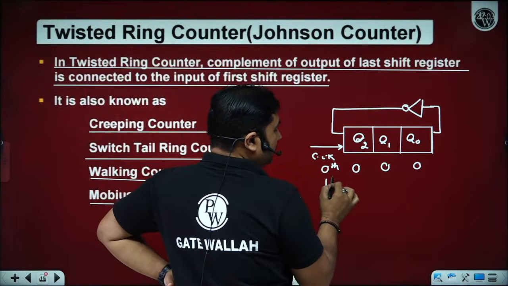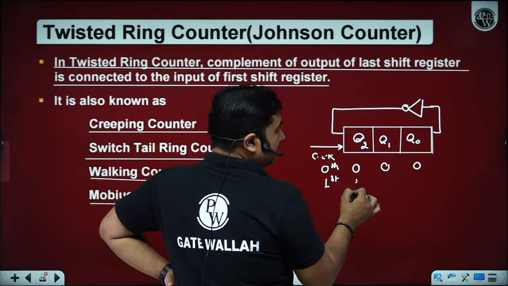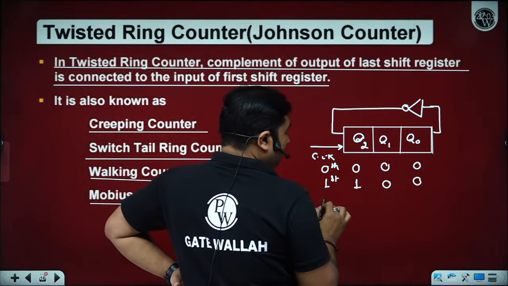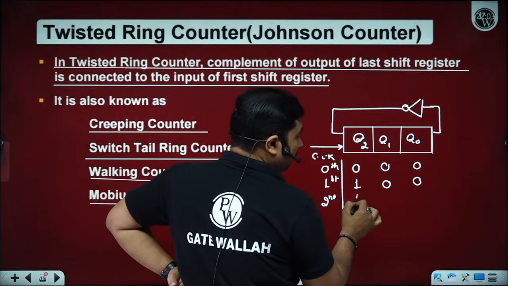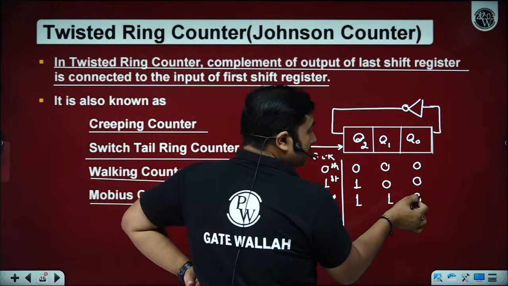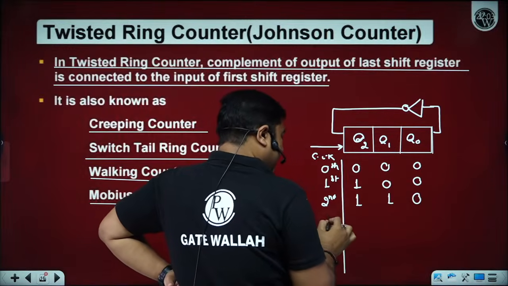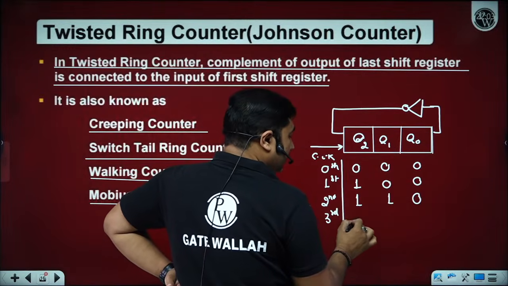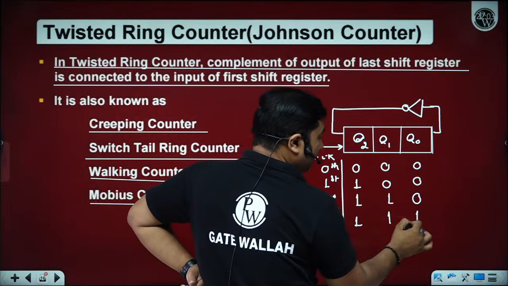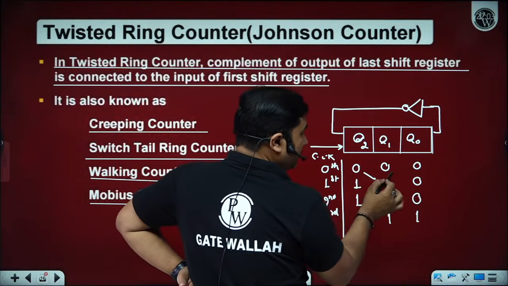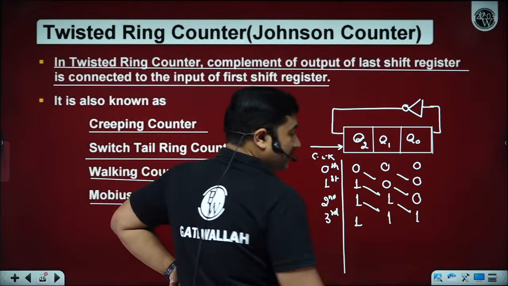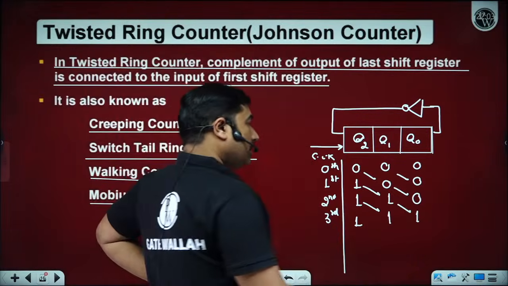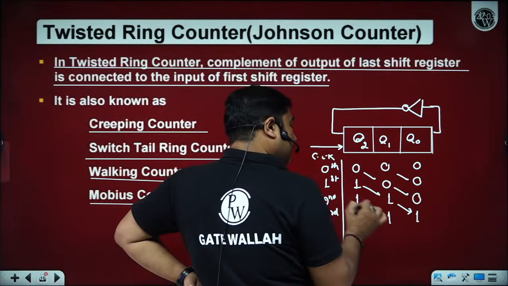Then on application of the first clock pulse, we get the state 1, 0, 0. On application of the second clock pulse, we have the state 1, 1, 0. On application of the third clock, we have 1, 1, 1, because these are shifted. It is a shift register only, with the output of the last flip-flop complemented and connected to the first flip-flop input.